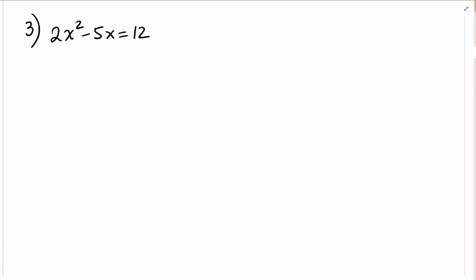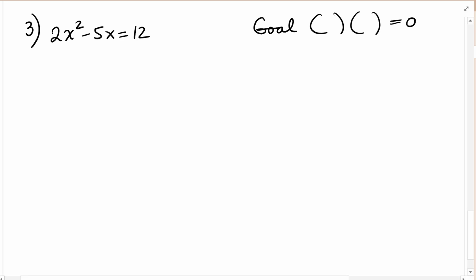So let's continue with problem 3. 2x squared minus 5x equals 12. If you remember, our goal is to have factors equal 0. So our equation right now does not equal 0. So first step, subtract 12 from both sides, and we get 2x squared minus 5x minus 12 equals 0. The next step is to find the factors.